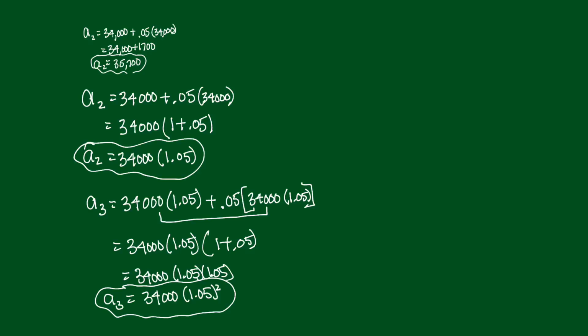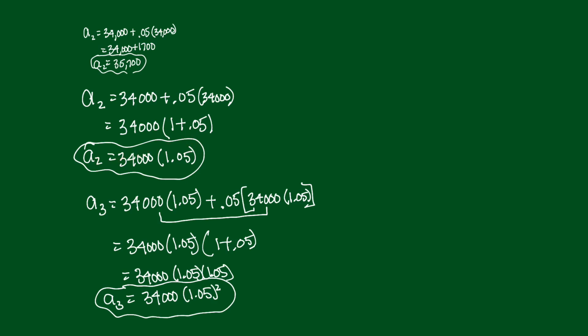Now I can see a pattern going on here. Look at this. For A sub 3, the third year is 34,000 times 1.05 to the second power. Go back up to A sub 2. It's 34,000 times 1.05, but just to the first power. So it looks like I'm going to put an exponent on the 1.05, and the exponent is going to be 1 less than the year.